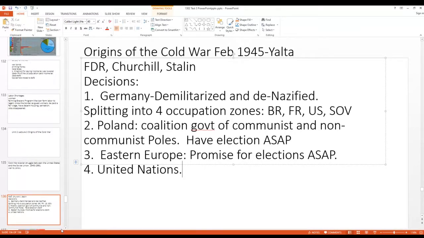FDR really didn't divulge a lot of his thinking about Eastern Europe and Poland in the last few months of his life. I mean, the man could only work 2 hours a day for the last 4 months of his life. So not a lot of effort was put into thinking about the post-war period.